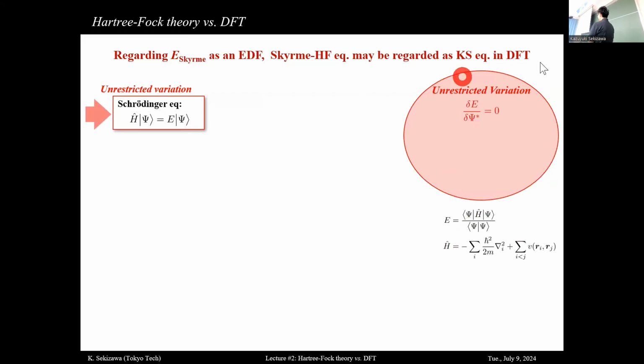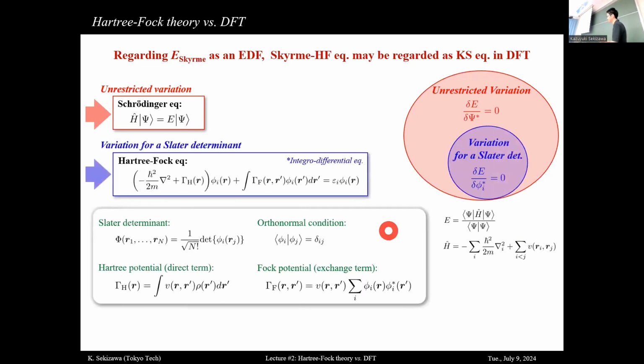This circle represents the variation space, which is unrestricted in this case. Now, in the case of Hartree-Fock theory, you introduce an approximation that the many-body function is a Slater determinant.